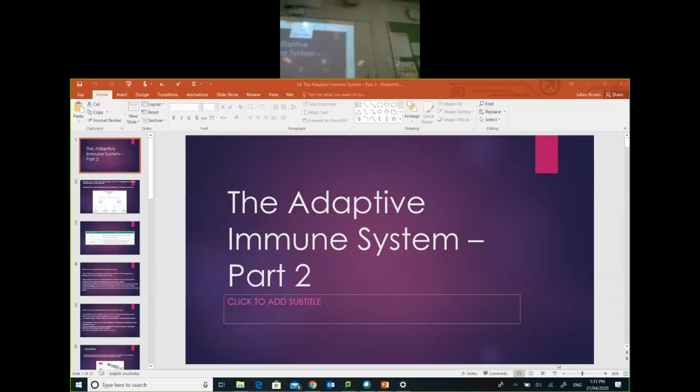I think it's happening. All right, so like I said, we're going to look at the second part of the adaptive immune system. So in the past, we have talked about the innate immune system. We said the innate immune system is essentially a generalized immune system.